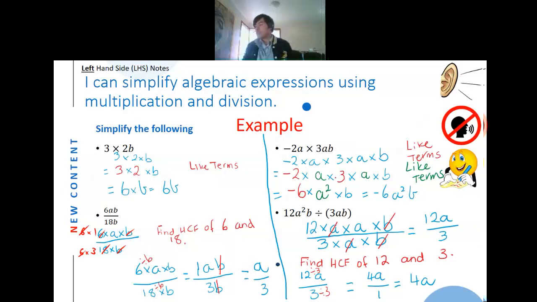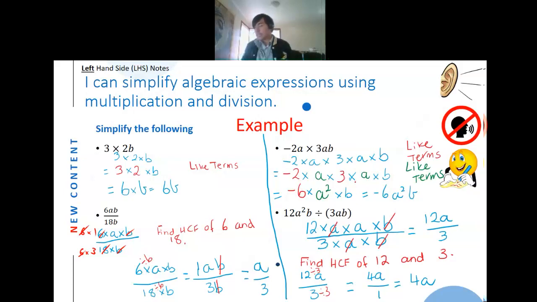So the numbers first. We got negative 2 times 3. Remember that when you have a negative number multiplied by a positive number, the answer is going to be a negative. And 2 times 3 is 6, so we have negative 6.